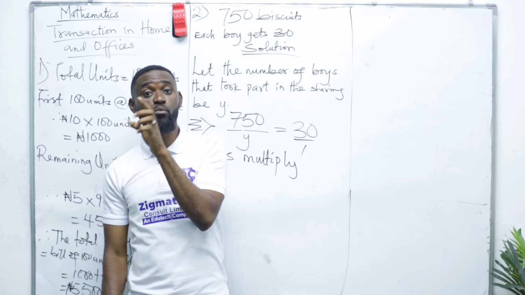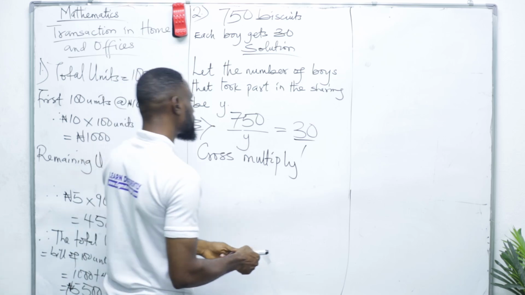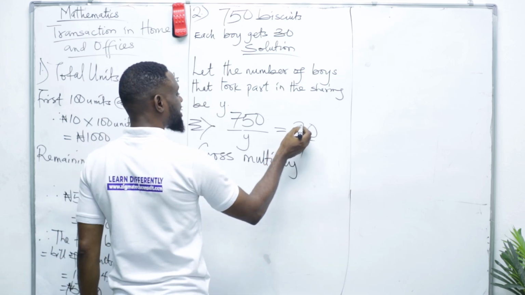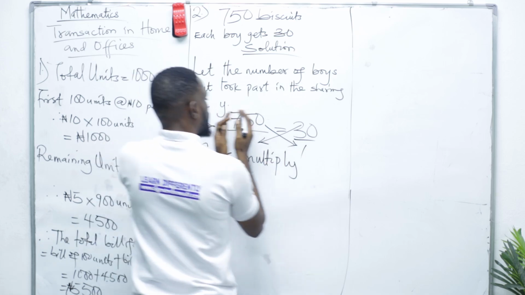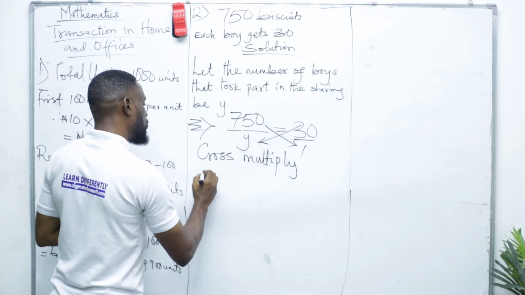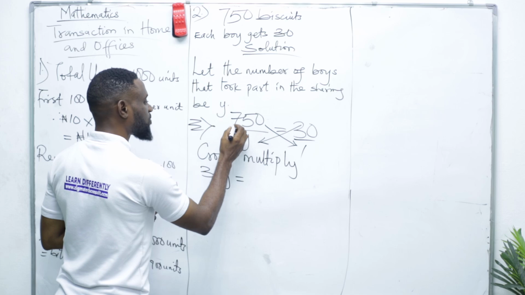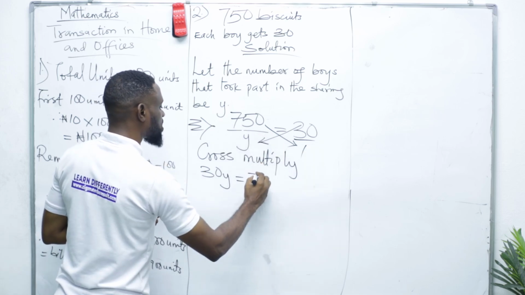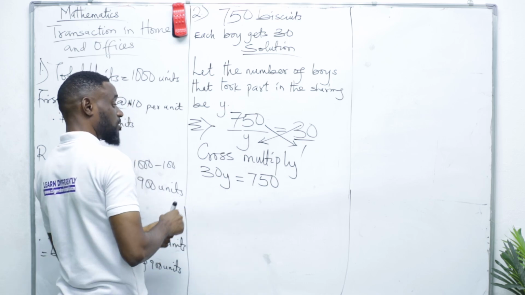Do you understand? That's when we cross multiply. Okay? So this is 30 times Y, 750 times 1. So let 750 come to this side, let 30 come to this side. So this will be 30Y is equal to 750 times 1. Do you understand? All right?